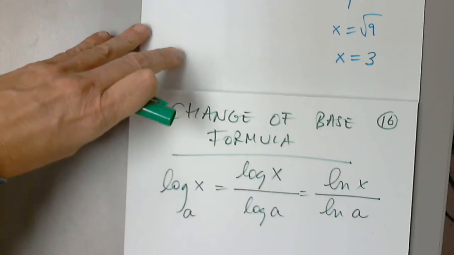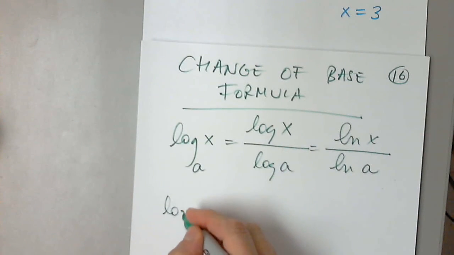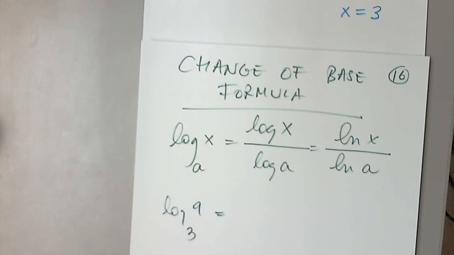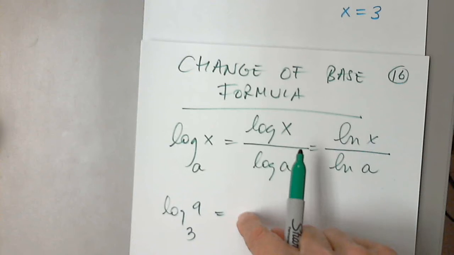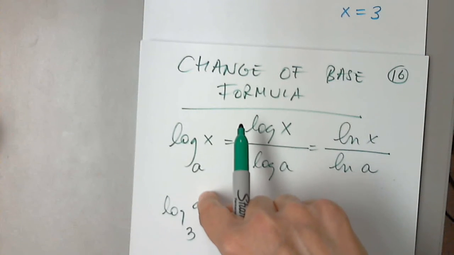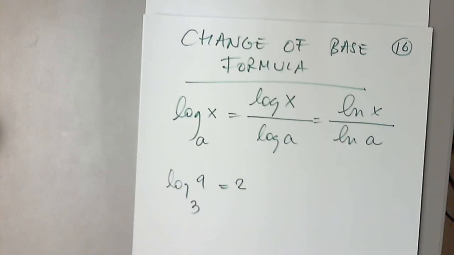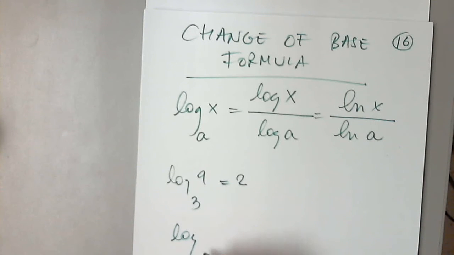So let's say I want to determine log base 3 of 9. I'm not going to use any change of base formula because 3 raised to which power is 9? 2, and I'm done. But if you ask me to find log base 3 of 2, I'll say, what?